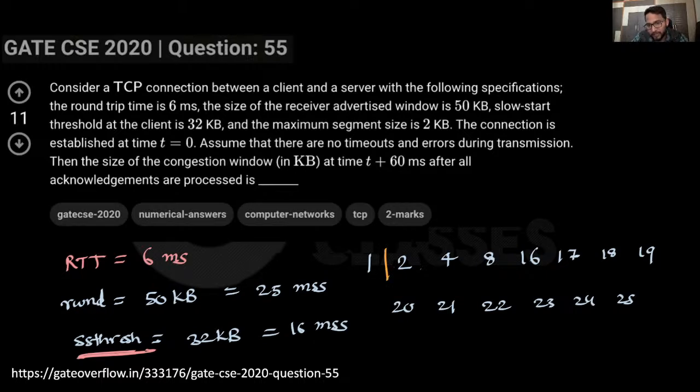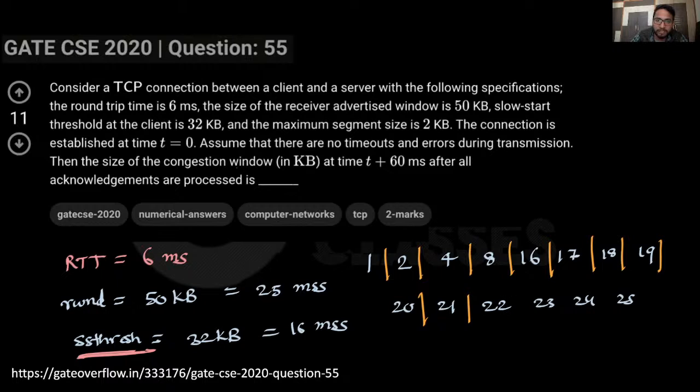After 1 RTT has been crossed, I have the congestion window as 2. After 2 RTTs the congestion window is 4, then 3 RTTs, 4, 5, 6, 7, 8, 9, 10. So after 10 RTTs, I will have 22 as my congestion window.